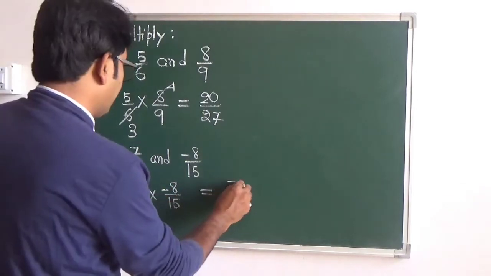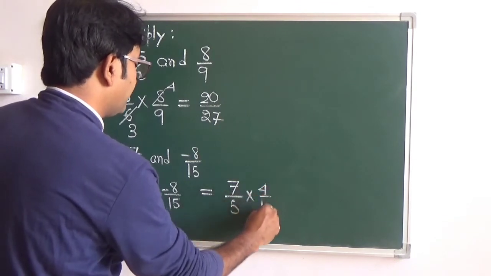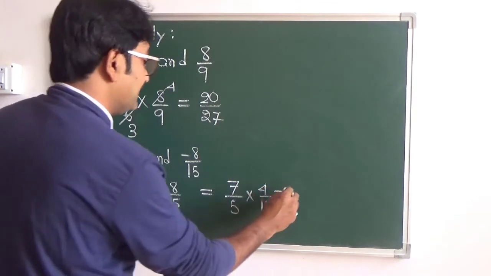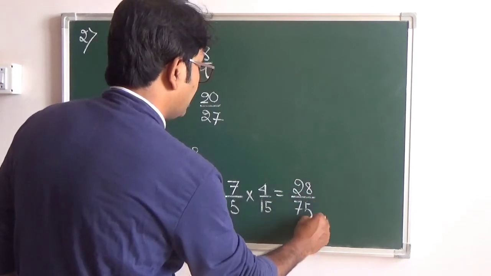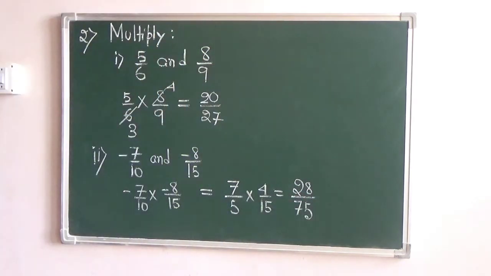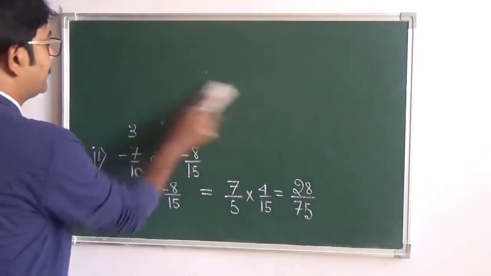So if you reduce it, we have 7 by 5 into 4 by 15. So it is 28 divided by 75. So this is question number 2. Now moving on to question number 3.